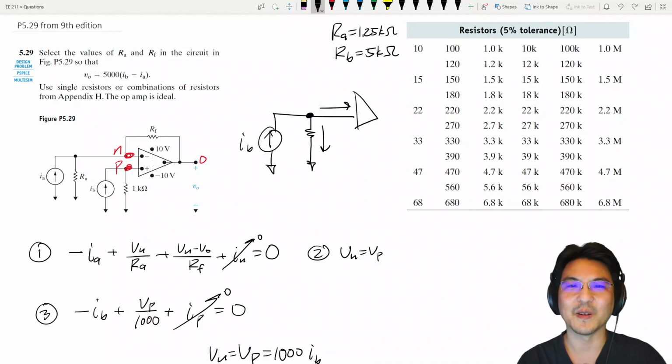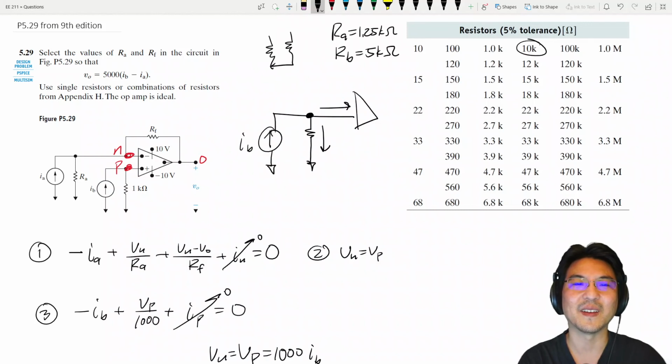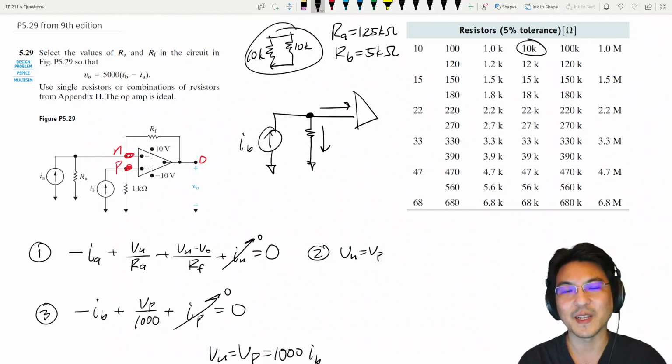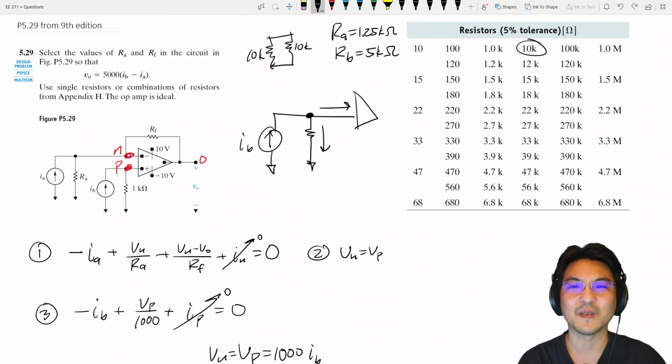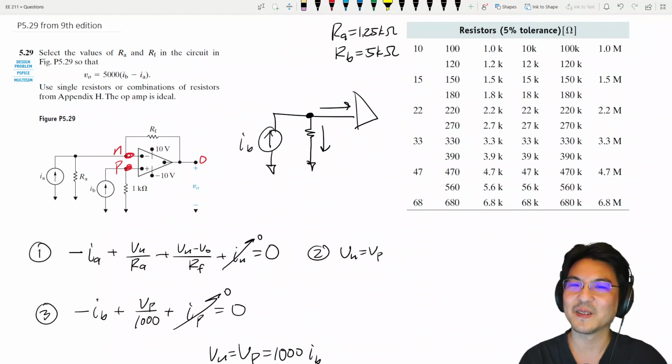Or you could go 10K in parallel with 10K, like this. Right? That would be 5K. So lots of different ways to do it. There's some nuance to it that we can discuss later, because you have to keep an eye on the current.